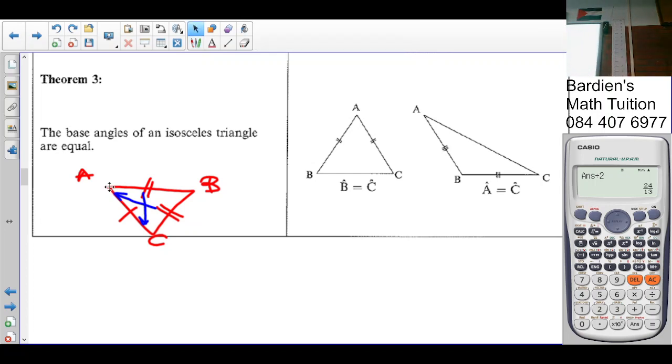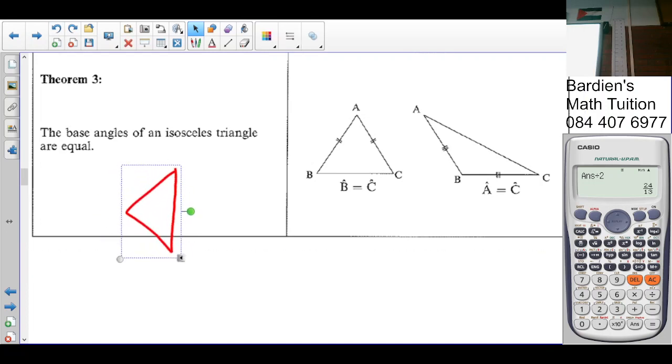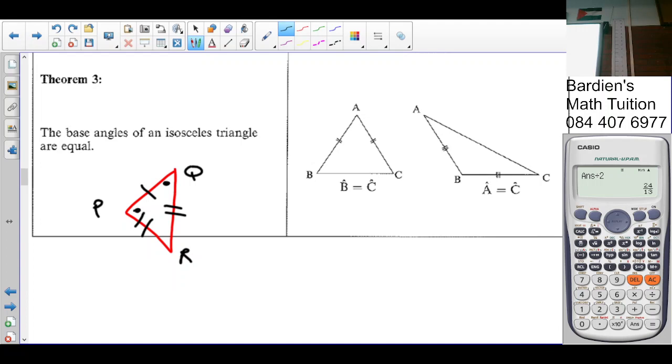Now which angles are equal? Q and R. Not so. What if those lengths are equal? P and Q. Why? Because that is most facing them. Can you see that? So when two lengths are equal, the base angles are equal.